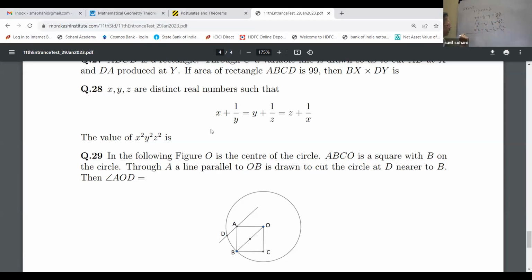So multiplying, I will get x minus y times y minus z times x minus z, and forget the in-between part. I am just comparing the left side and right side, and here I will get y minus z upon zy into z minus x upon xz into y minus x upon xy.